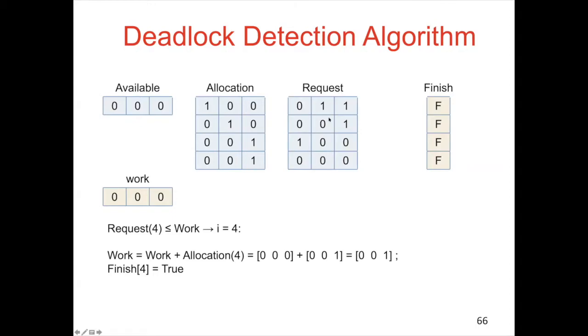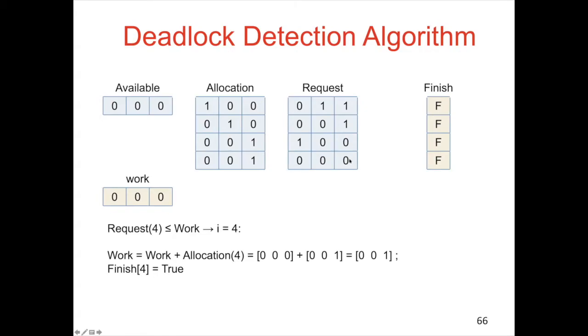As we have found previously, all the finish values are false and work is set to available. We are trying to find a row here which has entries less than or equal to work. If we check all of them, for these 3 processes, it is not satisfied.